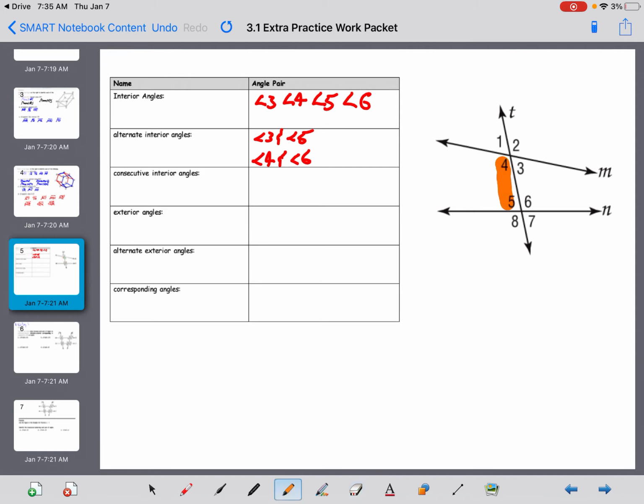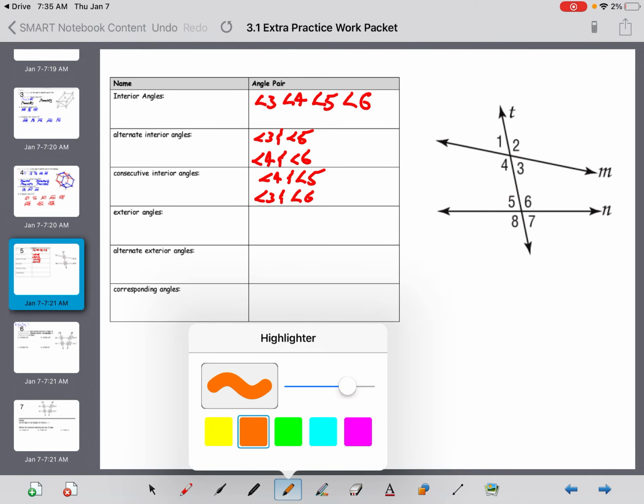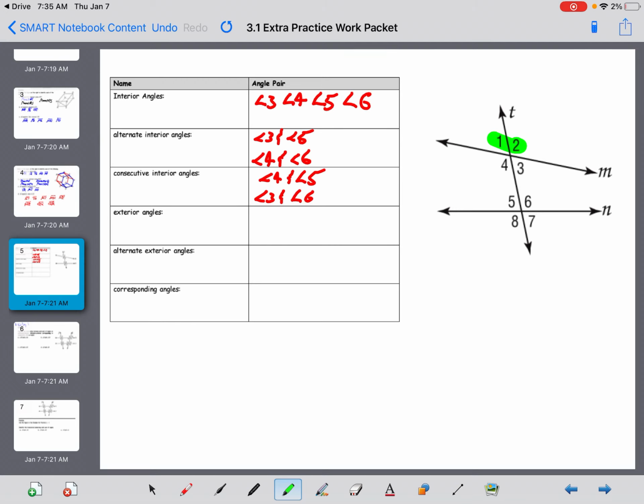Consecutive interior angles mean same side, so 4 and 5 and 3 and 6. Your exterior angles are on the outside, 1 and 2 and 8 and 7.